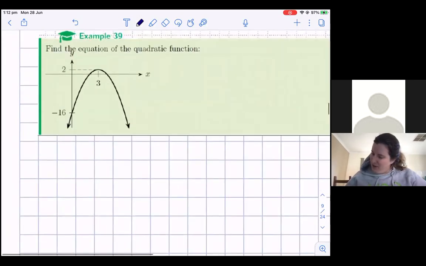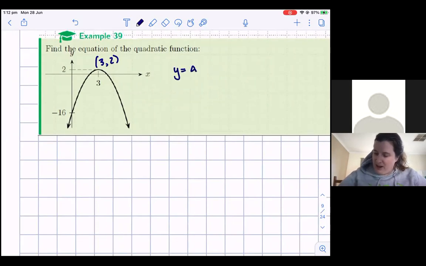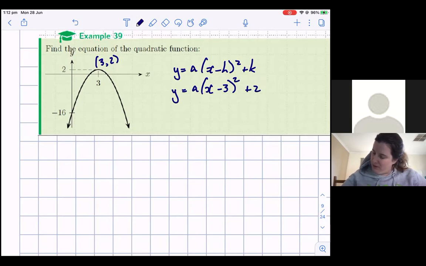Okay. This one, we know the turning point is 3, 2. So because we know the turning point, I'm going to try and put it into y equals a x take h squared plus k. So we know the turning point x coordinate is 3. It's been moved 3 to the right and it's been moved 2 up. I don't know a yet.